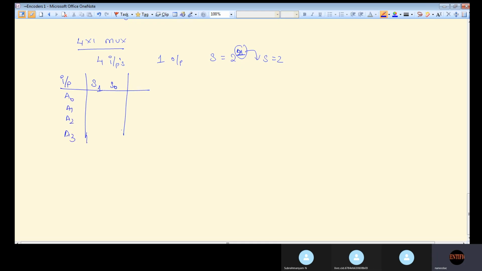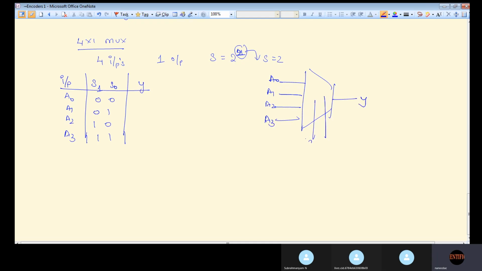Y is your output. 0 0, 0 1, 1 0 and 1 1. Select line is equal to 0 0, so A0, A1, A2 and A3. This is your output.